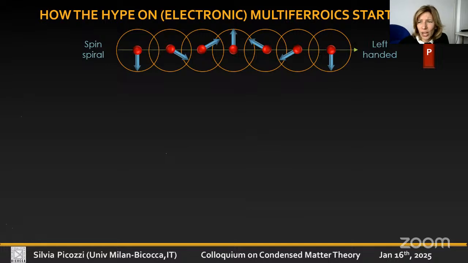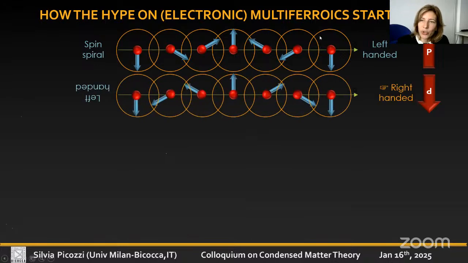But you can also get ferroelectricity by spin configuration. Actually, there was a boom back in the beginning of 2000 when they discovered that if you have a spin spiral, so spins that rotate from side to side, then you can find an emergence of ferroelectric polarization.